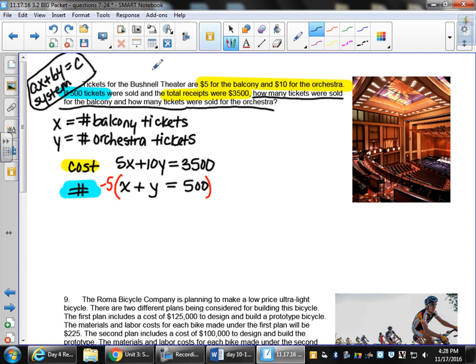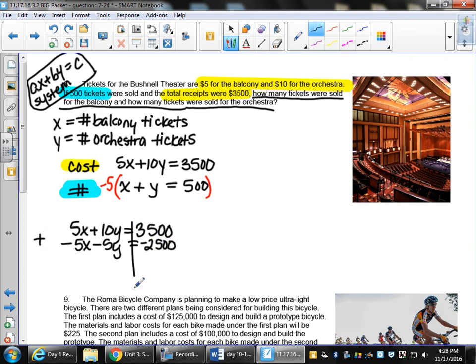Writing our new system, we did not touch the top equation. That stays. 5X plus 10Y equals 3,500. The bottom equation becomes negative 5X minus 5Y equals negative 5 times 500. Negative 5 times 500 is what? I got negative 2,500.